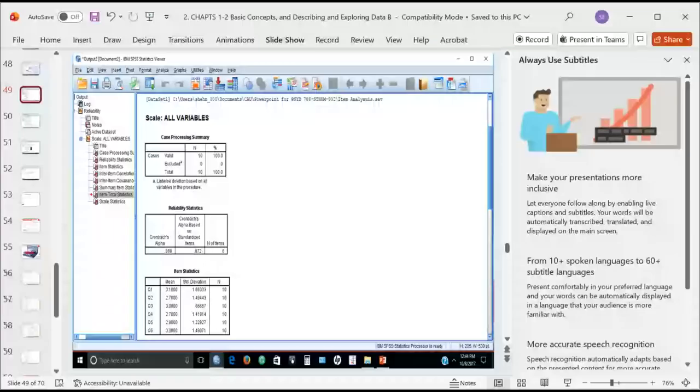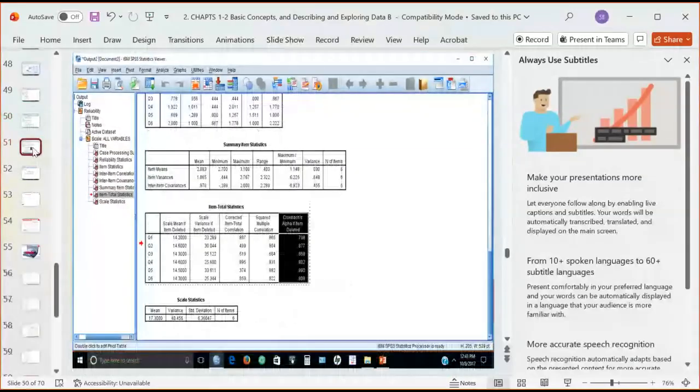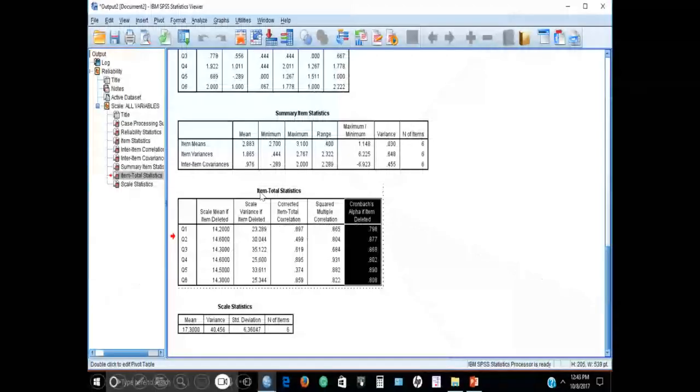Let's see what else we have. Once again, the slideshow. You got the variance here, the second column on the right for each.